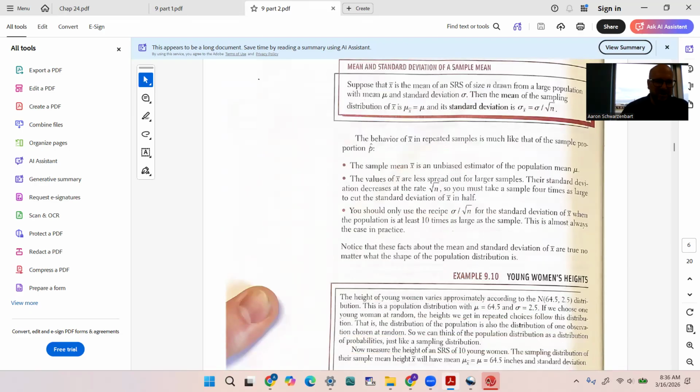The standard error actually involves s, but the standard deviation of my means is the standard deviation of the individuals divided by the square root of my sample size.